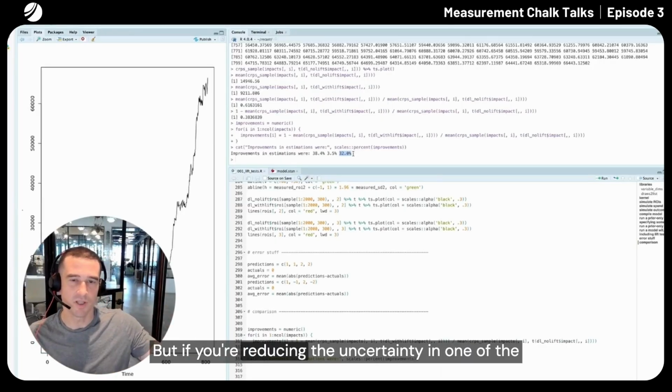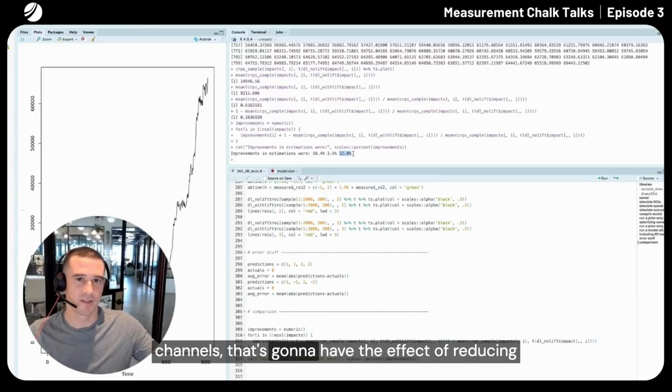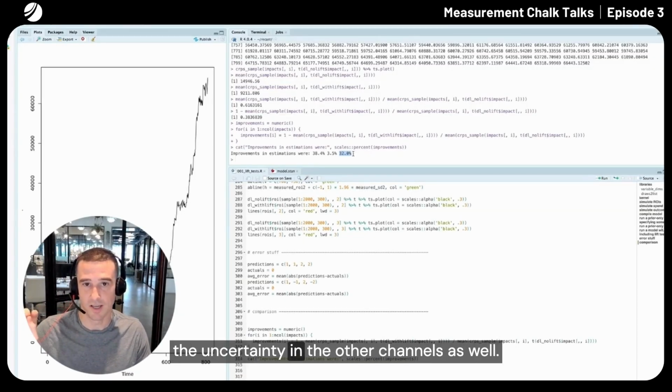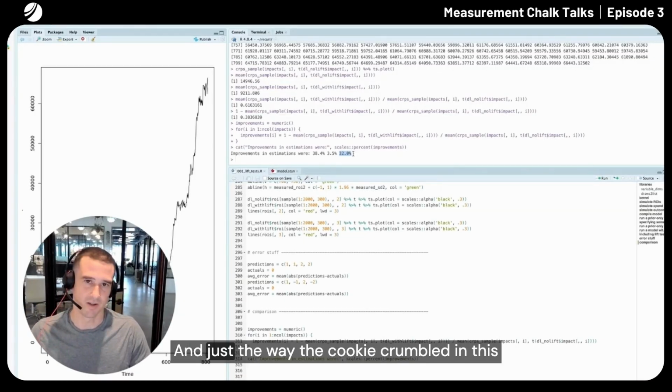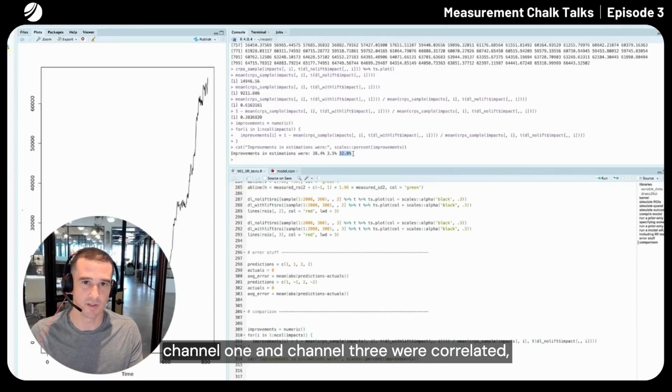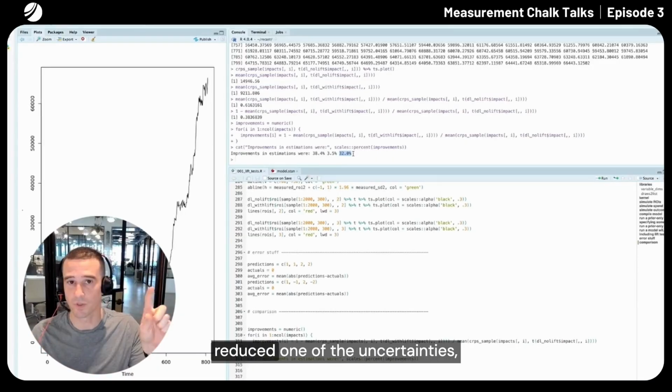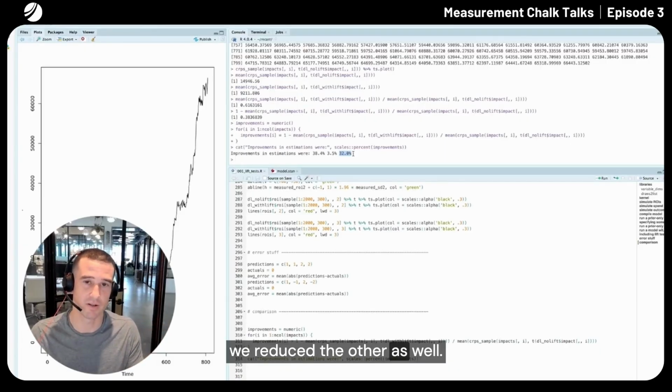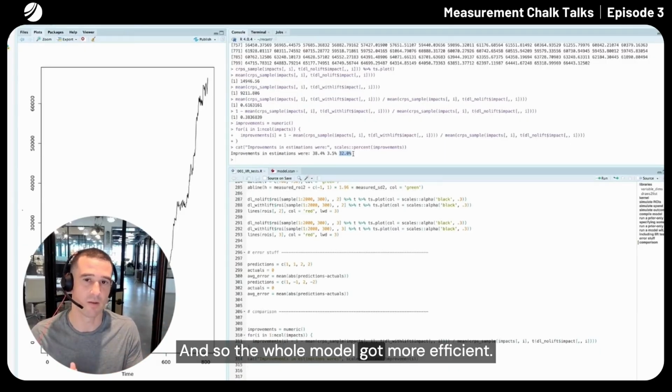If you're reducing the uncertainty in one of the channels, that's going to have the effect of reducing the uncertainty in the other channels as well. And just the way the cookie crumbled in this particular case is that the uncertainties in channel 1 and channel 3 were correlated. Reduce one of the uncertainties, we reduced the other as well. And so the whole model got more efficient.